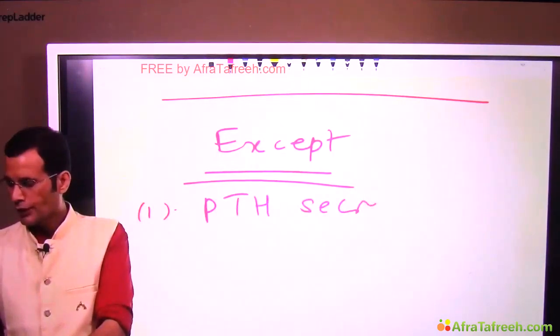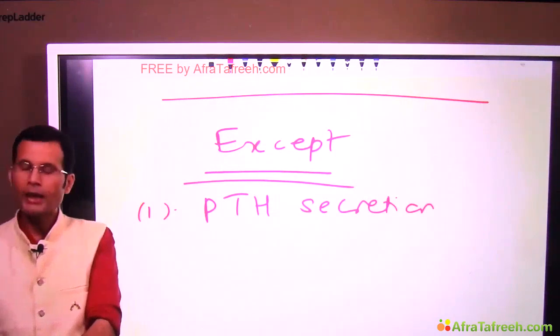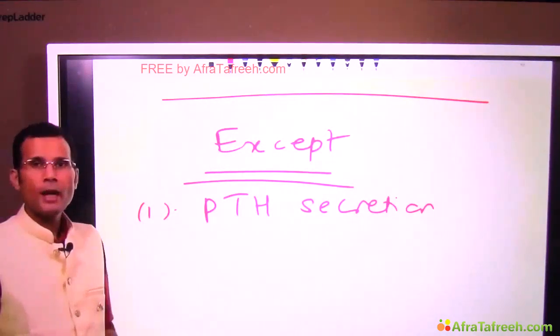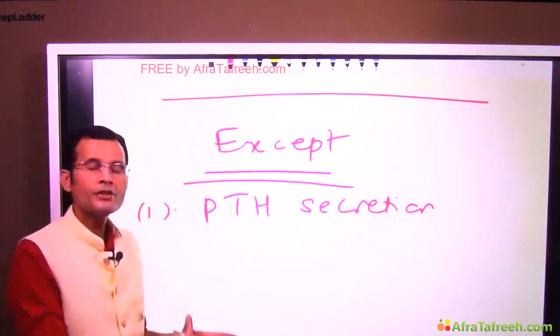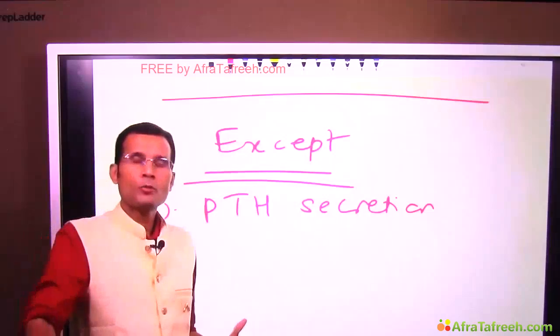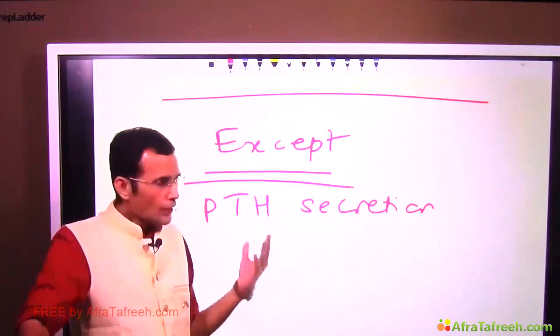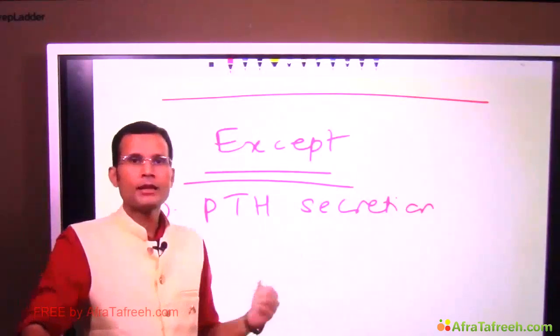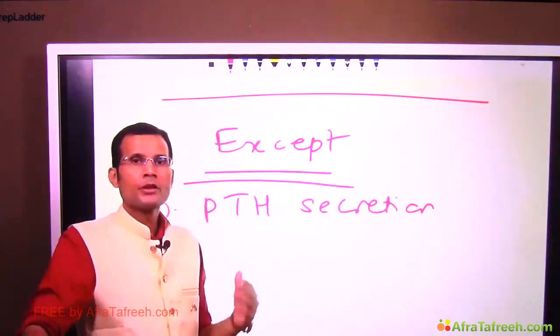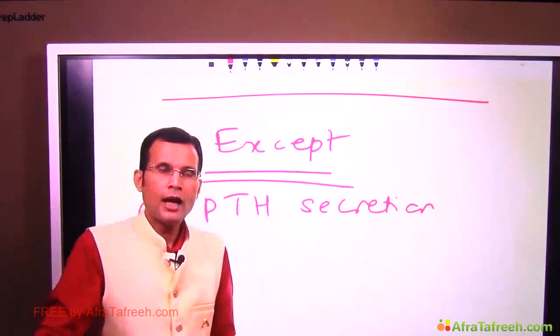Parathormone secretion by the parathyroid gland. This happens with a decreased intracellular calcium. When is parathormone required? When there is a fall in the serum calcium. Now this fall in the serum calcium, intracellularly, how is it signaled?